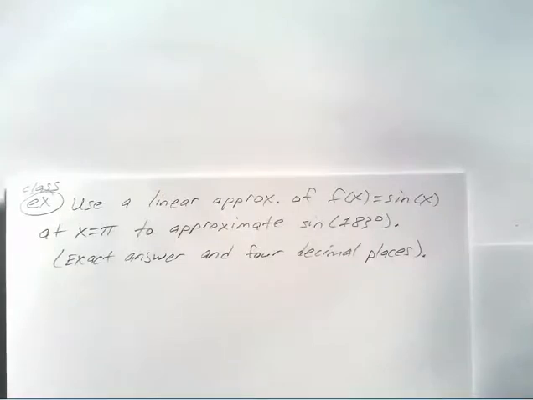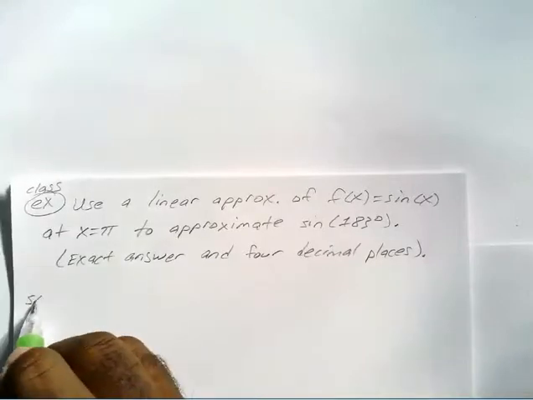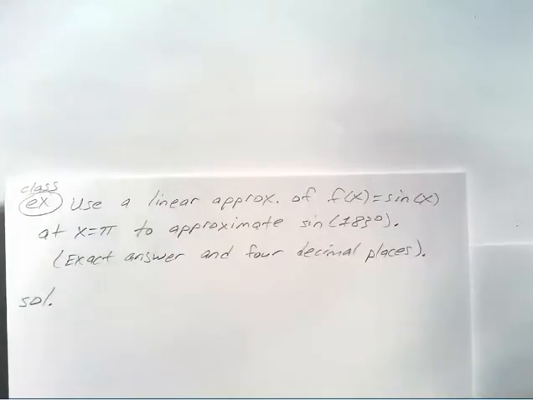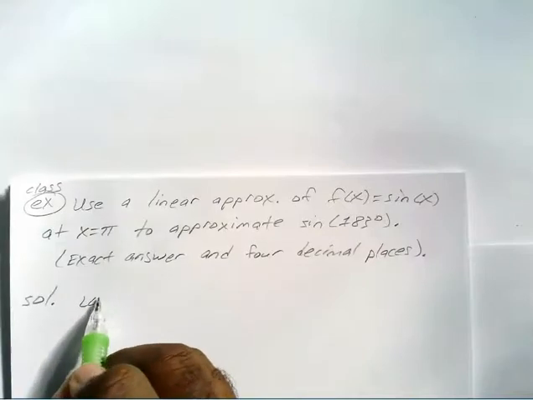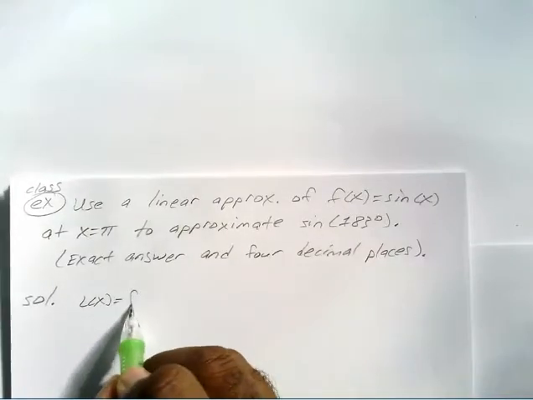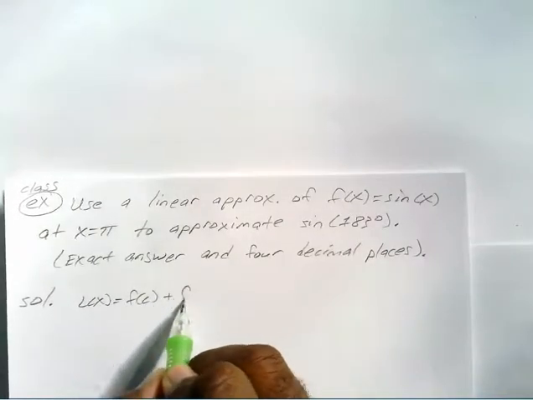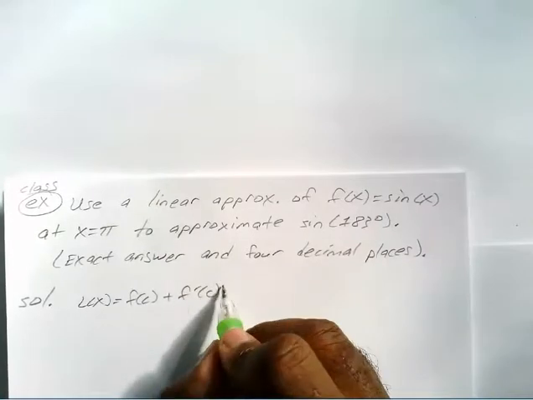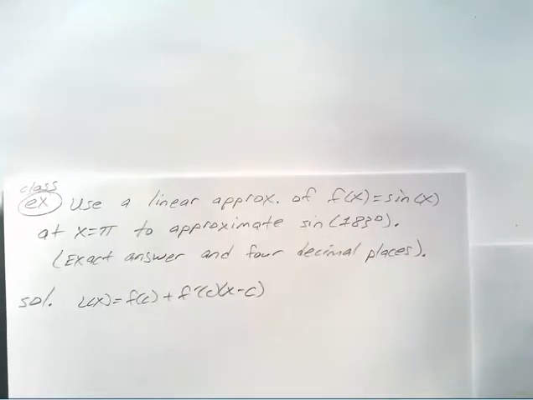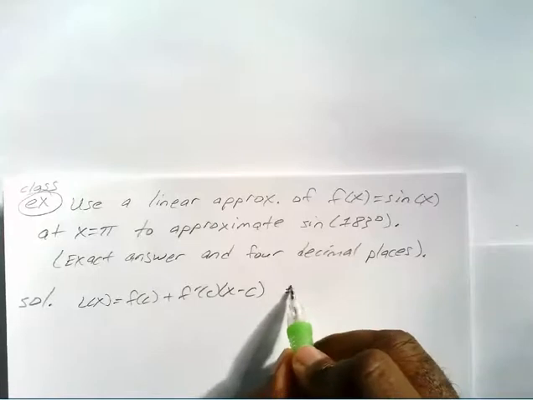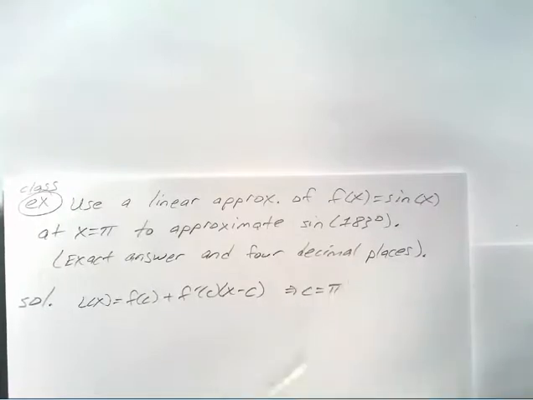All right, so assuming you've pressed pause and you've worked this one out, let's go ahead and verify your answer. Okay, so again, our linear approximation is f of c plus f prime of c times x minus c. But in this case, c is equal to pi.